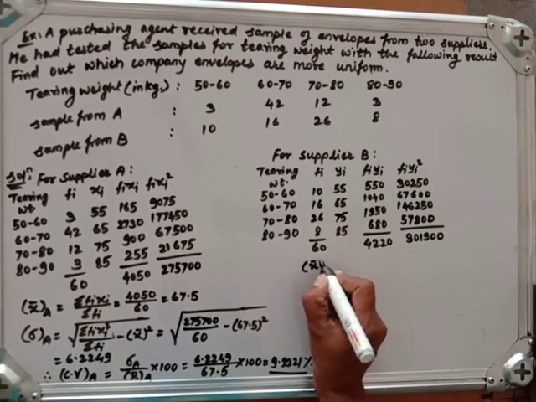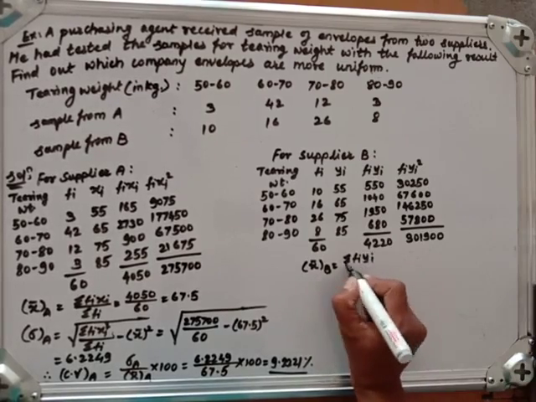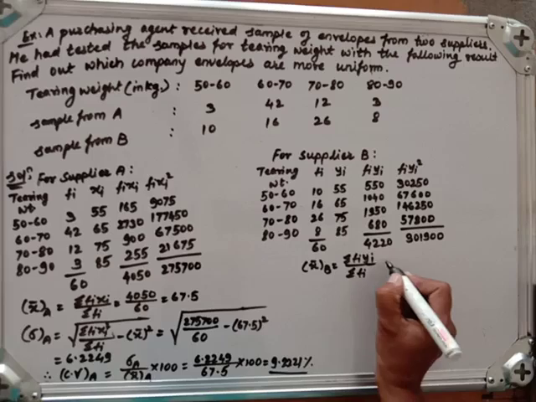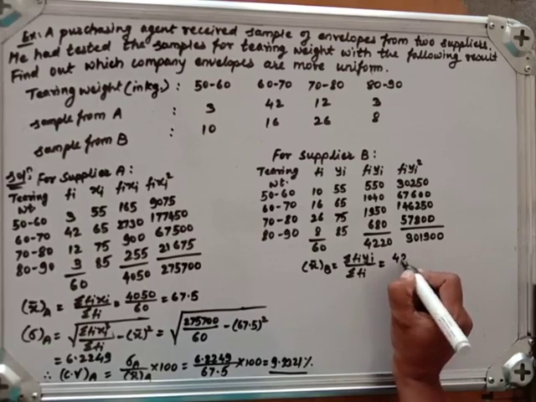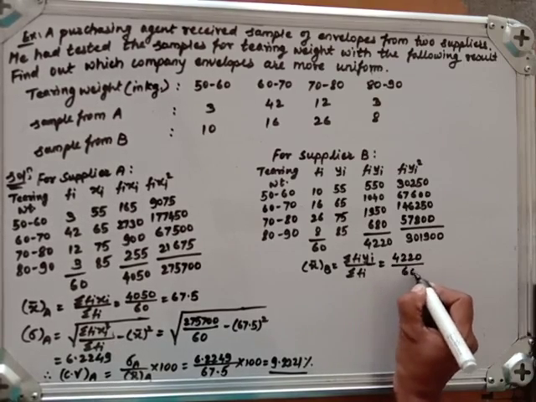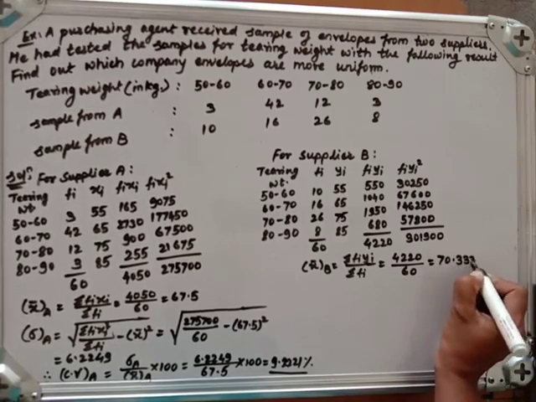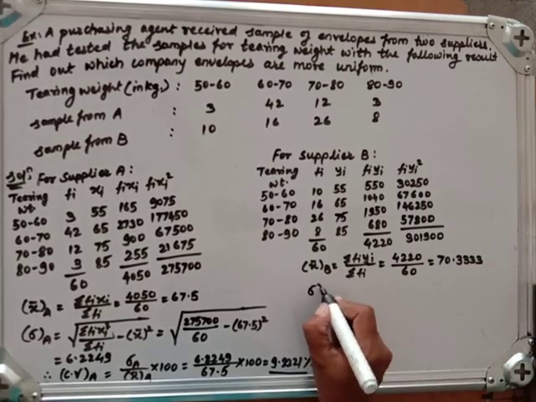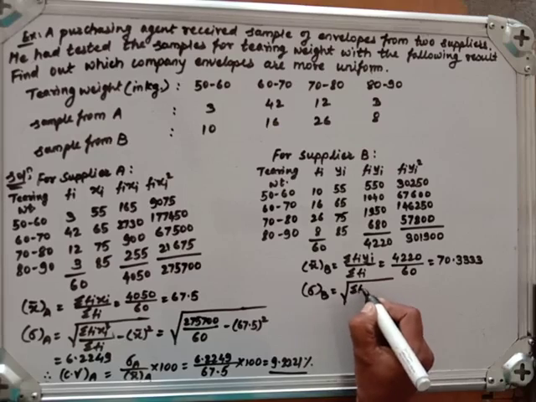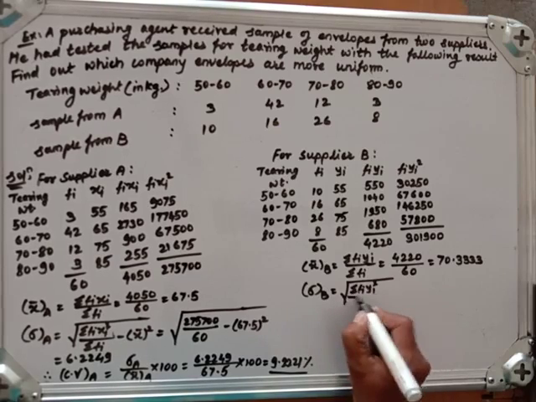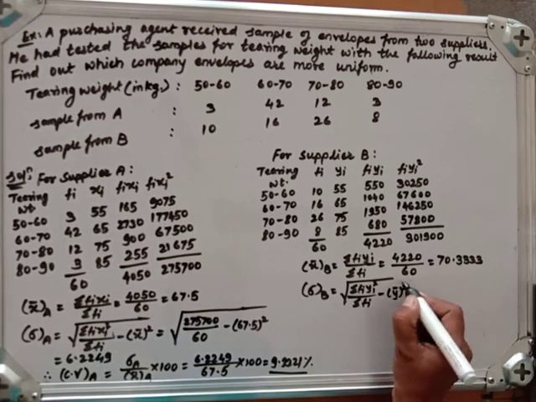So X bar for B will be summation FIYI upon summation FI. So summation FIYI is 4220 upon 60. So this will be 70.3333. And sigma B equal to root of summation FIYI square upon summation FI minus Y bar square.